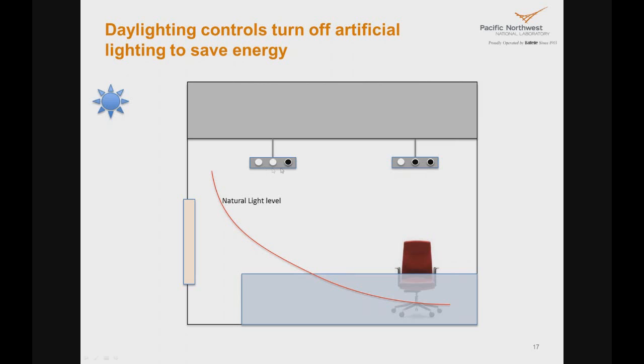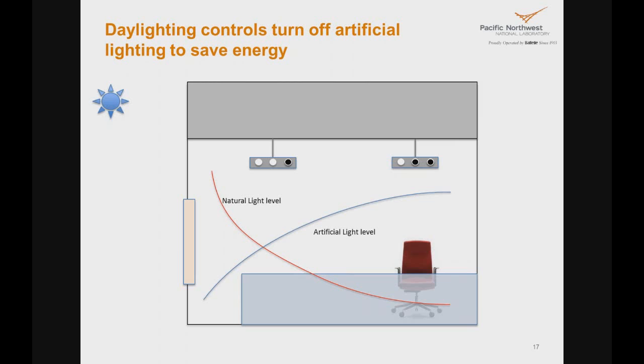So you can see that these are 3 lamp fixtures. You can turn 2 lamps off in this fixture, which is closer to the window, because you have a higher light level here. And you can turn just 1 lamp off in the fixture that is farther away from the window, because you need more artificial light in the back of the room.